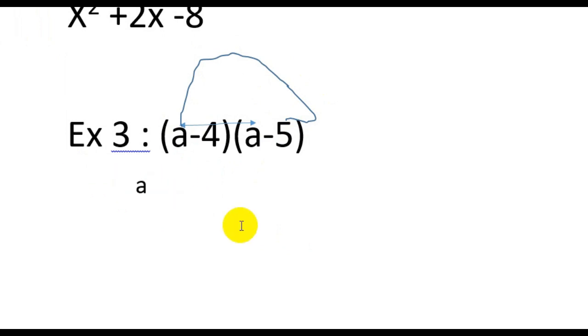A multiplied by a is a to the power 2. Now let's go to our second term, plus a multiplied by minus 5, which means minus 5a. That multiplication part is done. Now I am going to multiply 4 by a, then again 4 by 5.